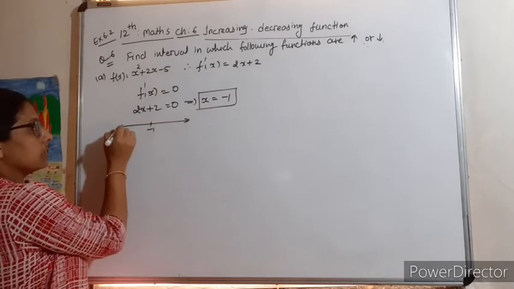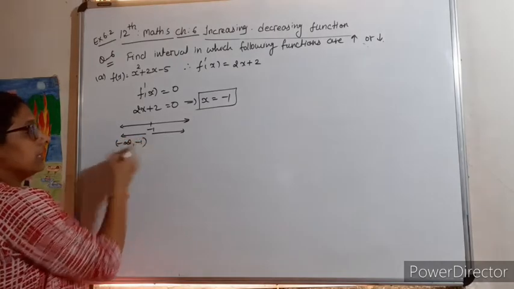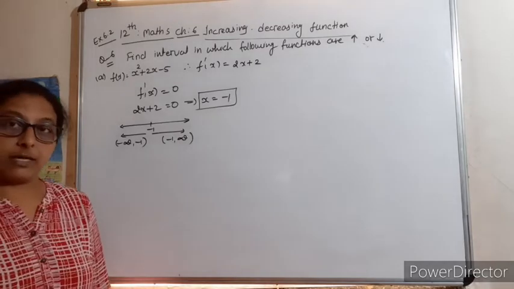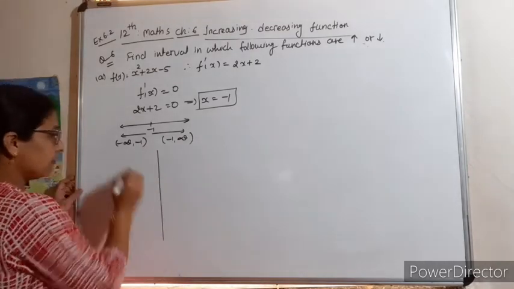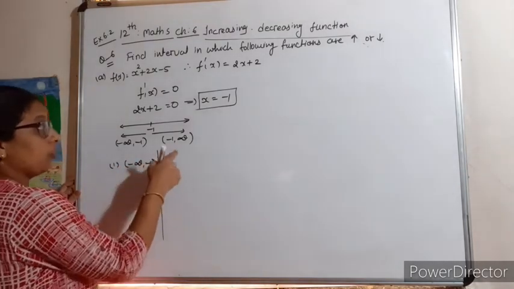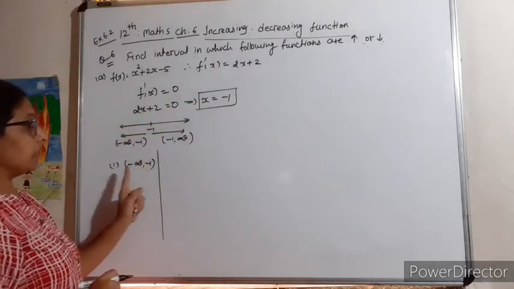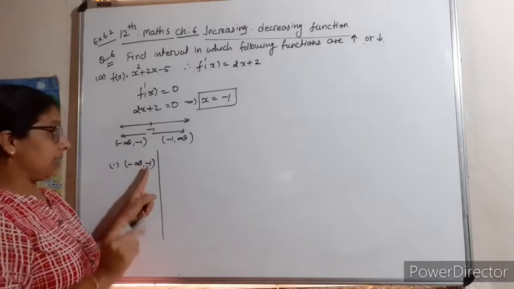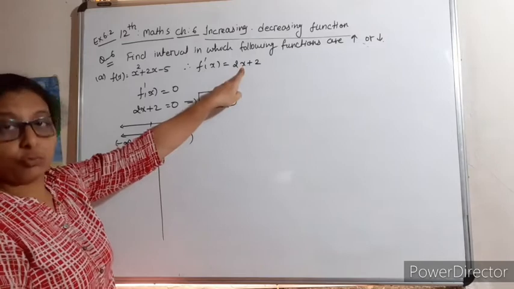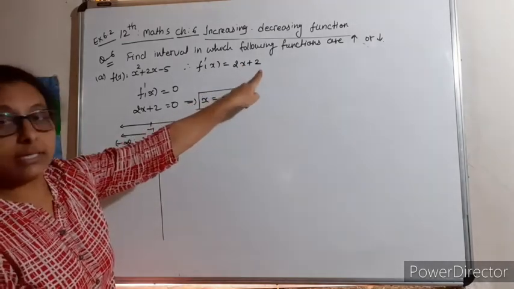So this is -1. So two intervals are there. First interval is minus infinity to -1 and second interval is -1 to infinity. So the first interval is minus infinity to -1. If you take a value from minus infinity to -1, I will take -2. -1 is not included, so we take -2. So -2 is the largest value. -2 into 2 is -4, plus 2, it is less than 0.